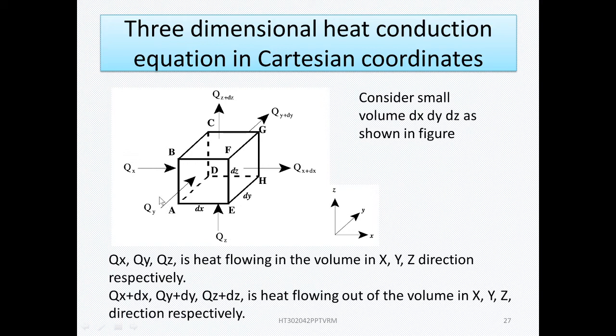So qx is the amount of heat flowing into the block in the x direction. qx plus dx is the amount of heat flowing out of the box in the x direction.